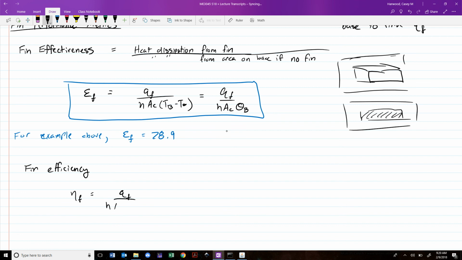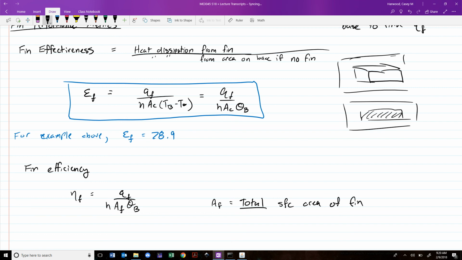If A_f is the total surface area of the fin, including the tip, so this is the lateral surface area plus the surface area of the tip.